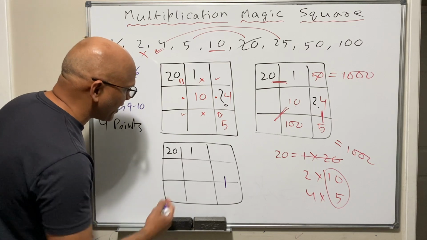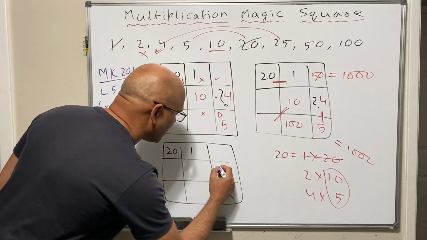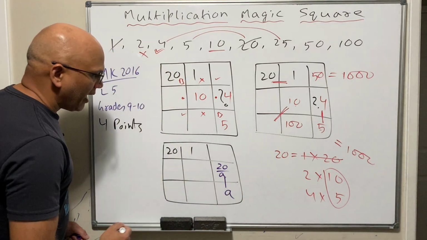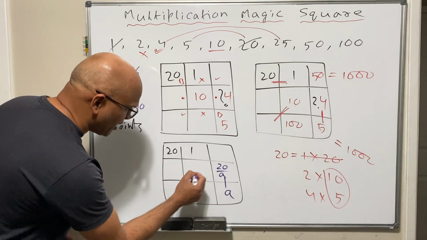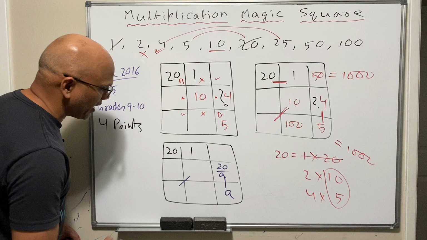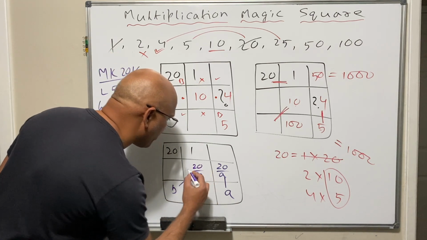We already explained that here. So let's say this is A, then this has to be 20 over A. And also this has to be 20. These two numbers together, the product has to be 20. So if this is B, this is 20 over B.